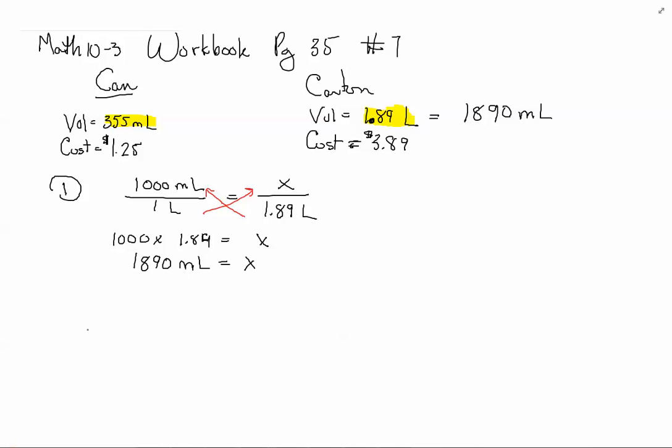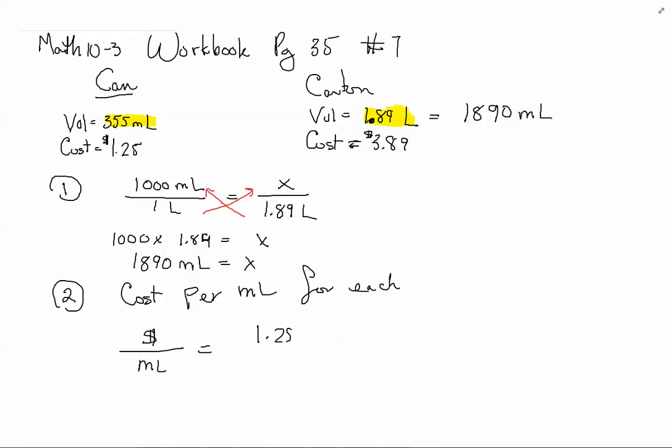Our next step will be to determine the cost per milliliter for each. Notice cost per milliliter, so I put my cost on top and my volume, milliliters, on the bottom. So the can has a cost of $1.25 per 355 milliliters.